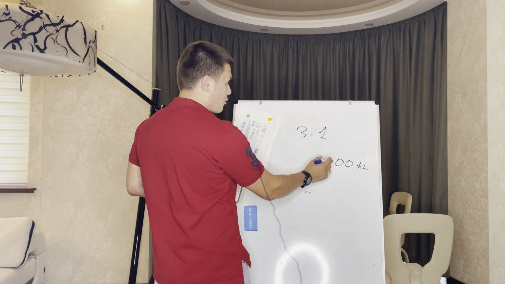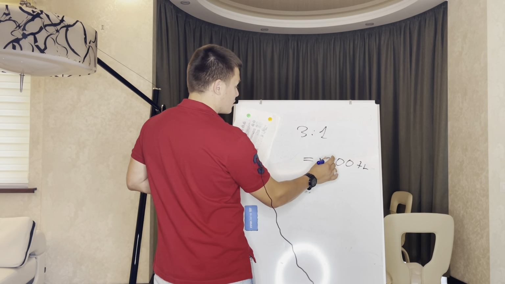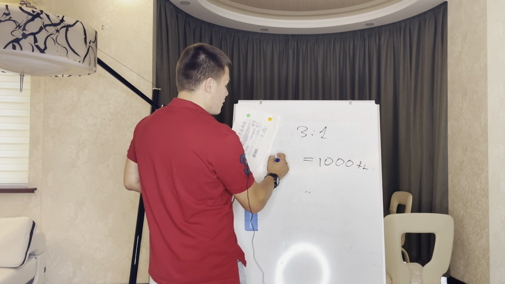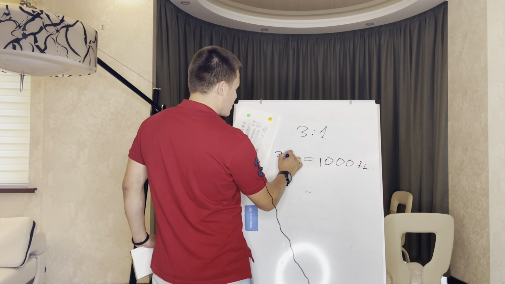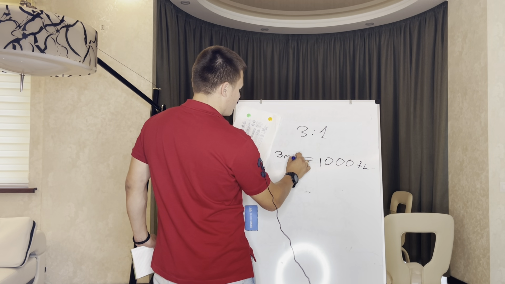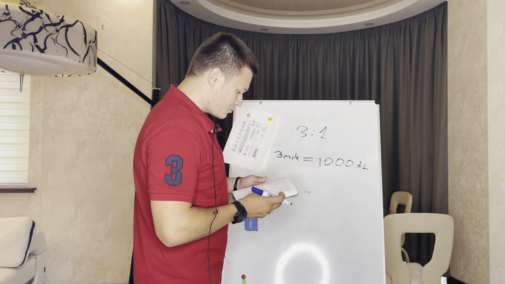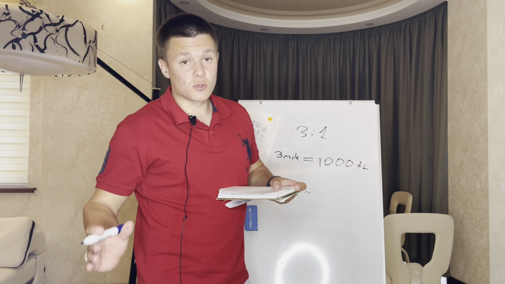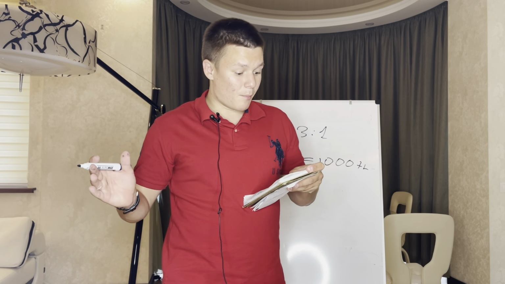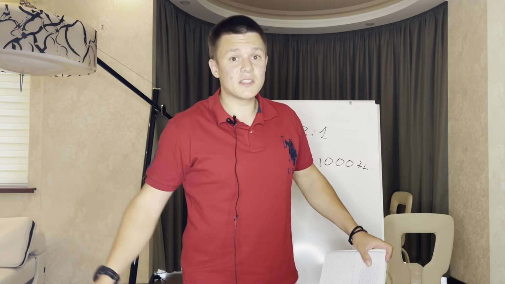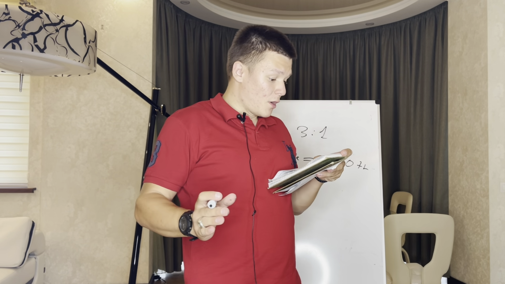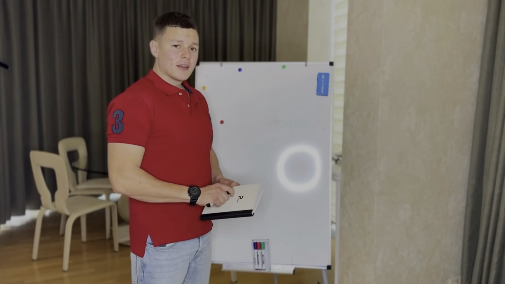This rule means that for every 1,000 feet of height, we need to fly 3 miles of horizontal flight. The rule of 3 is used both by pilots of small aircraft and pilots of airliners.